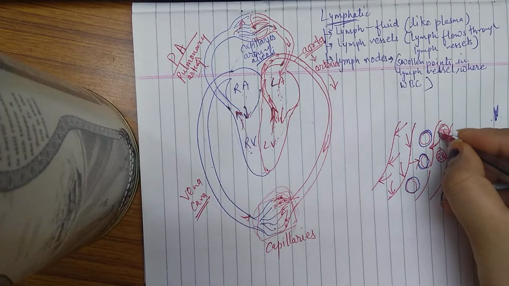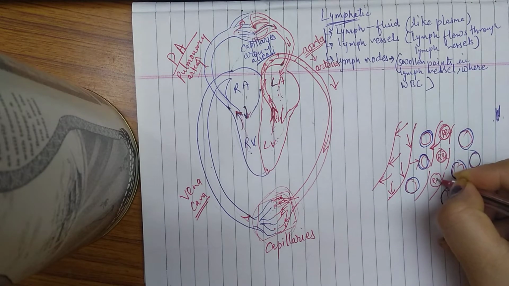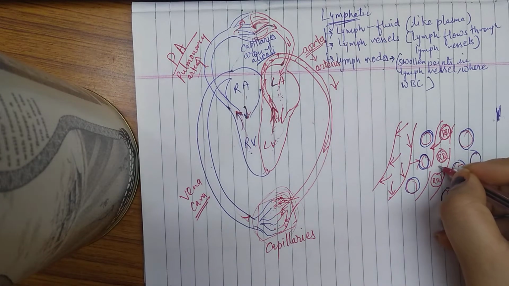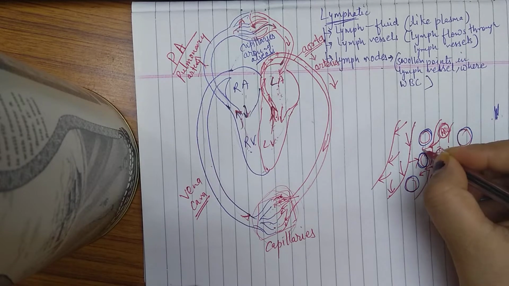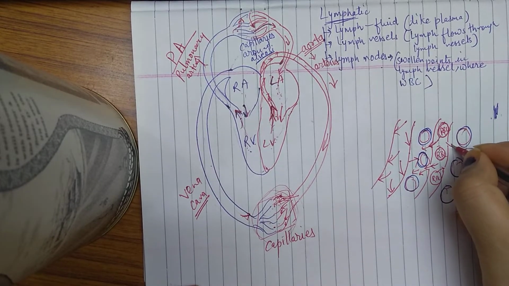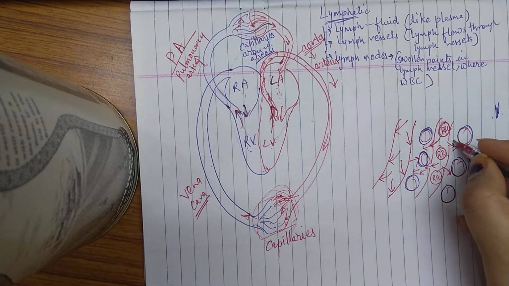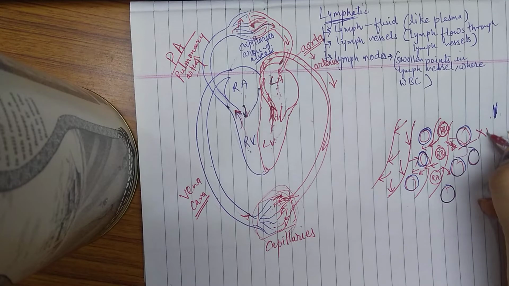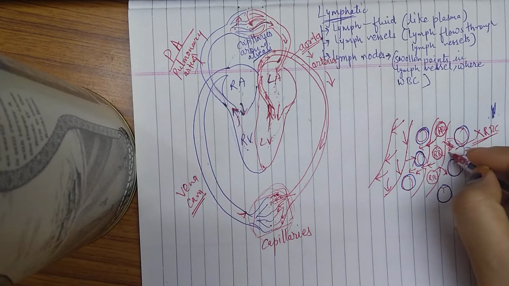As the size of RBCs is very much bigger, these RBCs do not exit from these pores. Only the liquid part, that is the plasma of blood, is expelled into the outer spaces. So this fluid which is coming out does not have RBCs; only the plasma part of the blood is there.